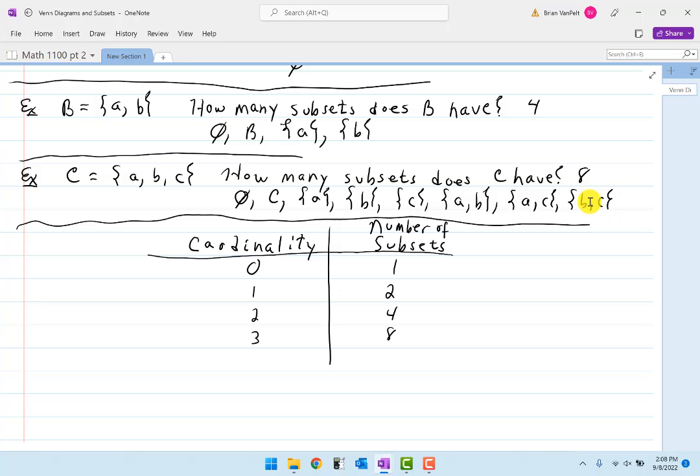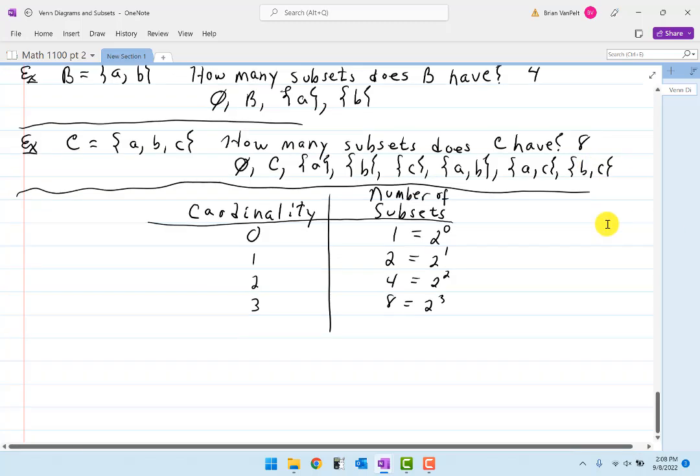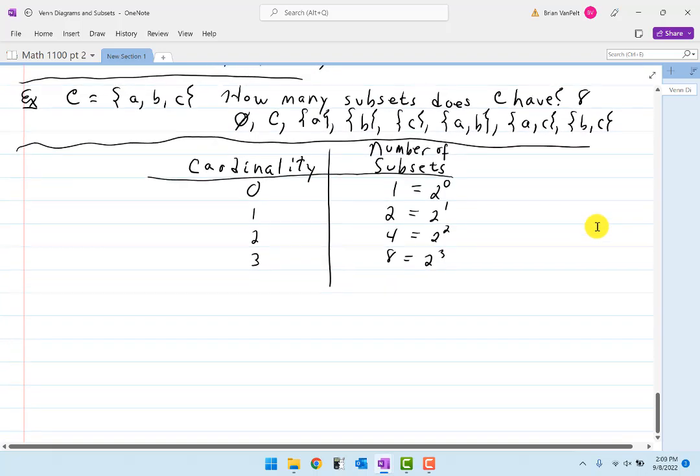And the trick here is to realize that the number 1 is equal to 2 raised to the 0 power. The number 2 is 2 raised to the first power. The number 4 is 2 raised to the second power. And the number 8 is 2 raised to the third power. It shouldn't be hard to see what's going on here. Whatever the cardinality is goes into the exponent.